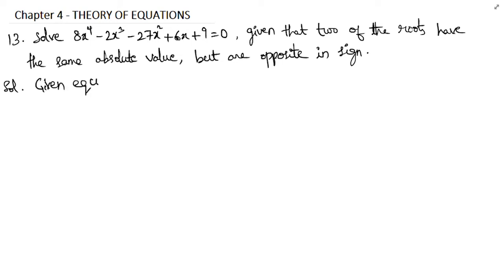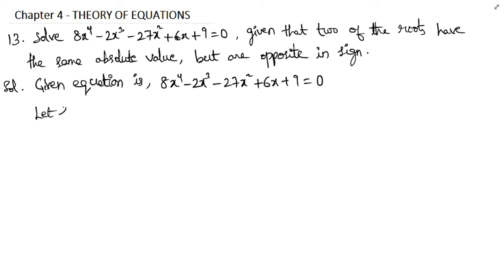So first of all, the given equation is 8x power 4 minus 2x cube minus 27x square plus 6x plus 9 is equal to 0.